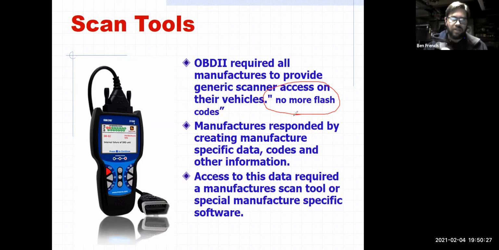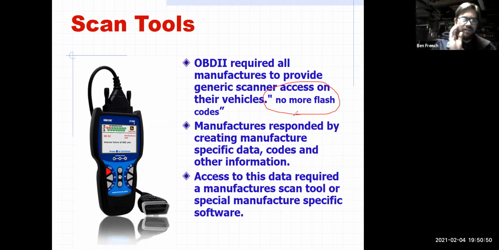And it was crude. It was like 1, 1, 2. Oh, okay, that's a code 12. But on a different type of car, a code 12 could be 1, 2, 3, 4, 5, 6, 7, 8, 9, 10, 11, 12. Right? And then it would cycle over again and you get all messed up. Well, wait, was that 12 or was that 24? So no more flash codes.